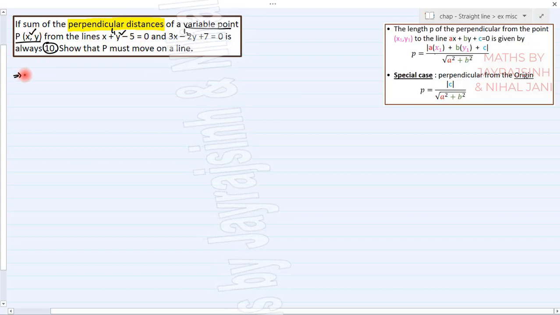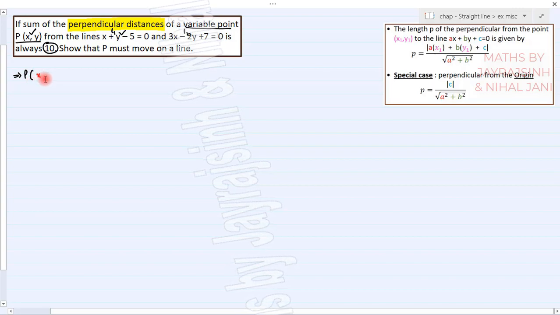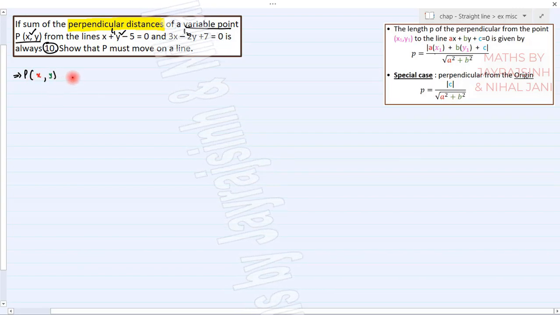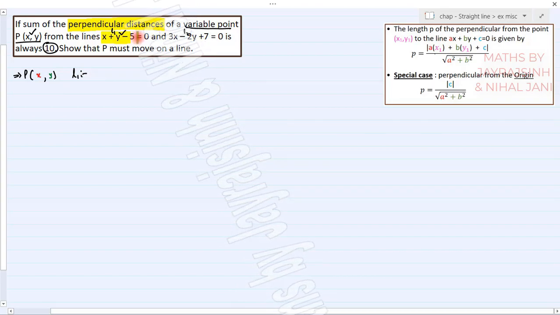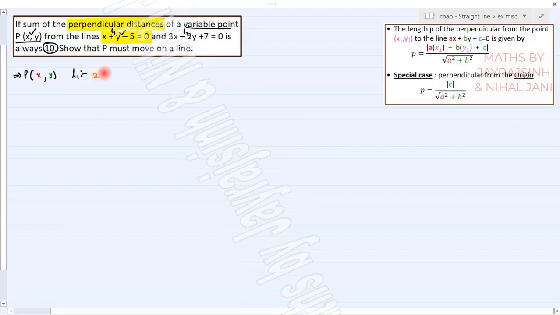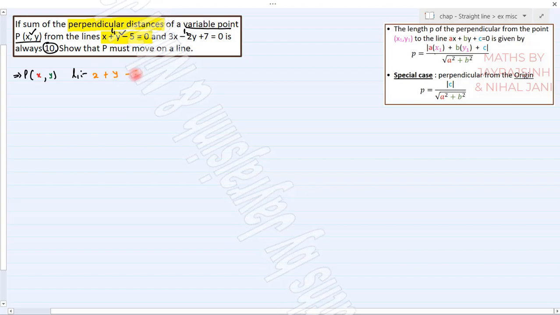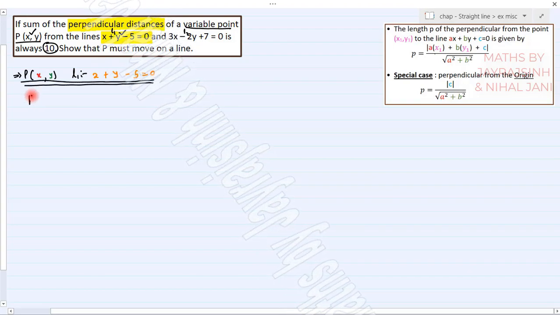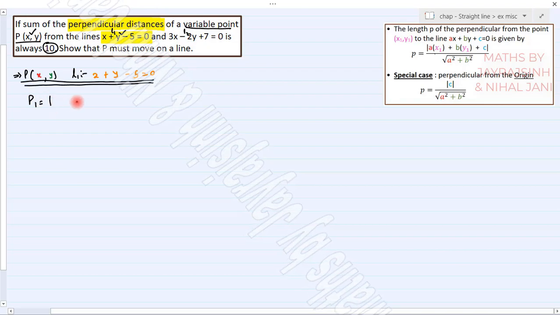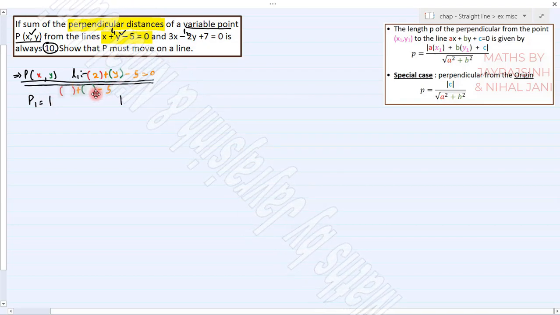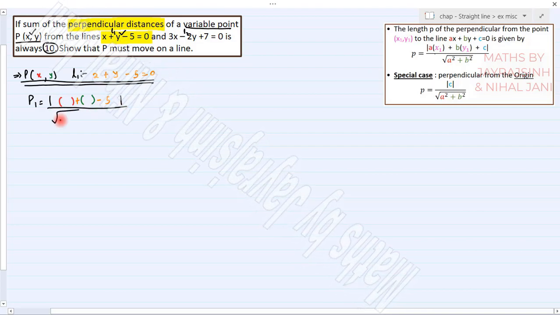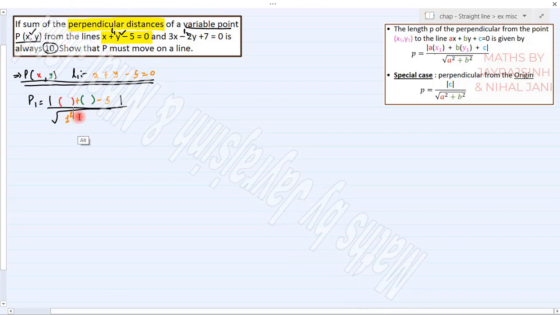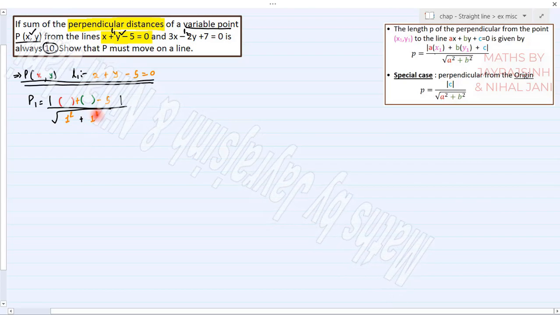So let's say our point is P having coordinates x, y, and we are finding the perpendicular distance from line L1: x plus y minus 5 equal to 0. So P1 must be mode of the equation of the line upon under root of coefficient of x square plus coefficient of y square.